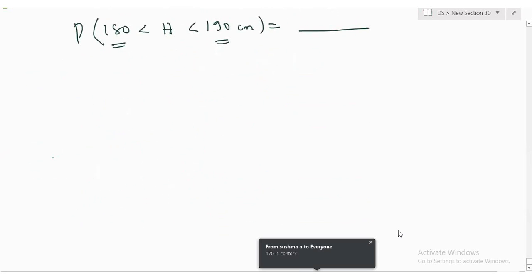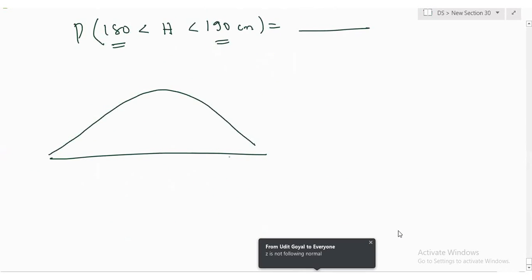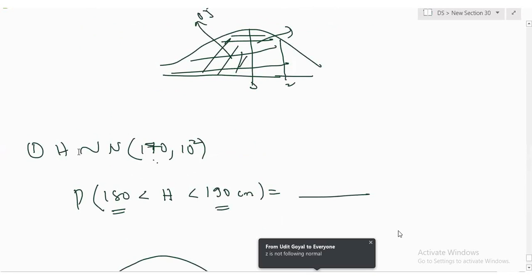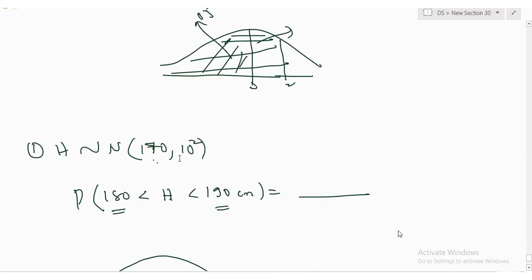Here the given height is following the normal. Already I have given. There is no question of not following the normal. I have given this statement. Okay, sir, understand?